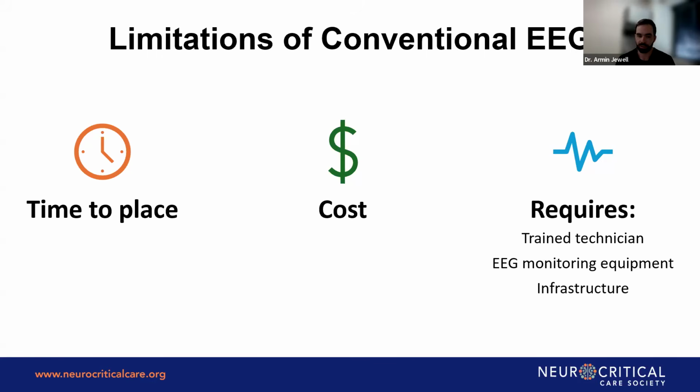So these were some reasons point of care EEG was thought about to start, to say, hey, is there another option instead of conventional EEG? Do we have another way to get EEG for people?